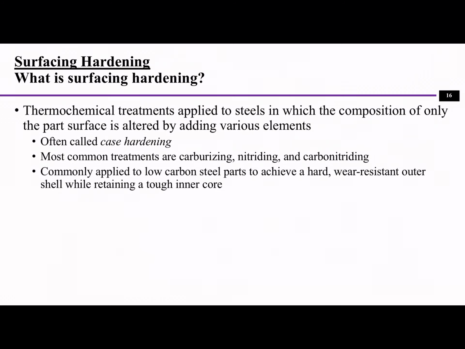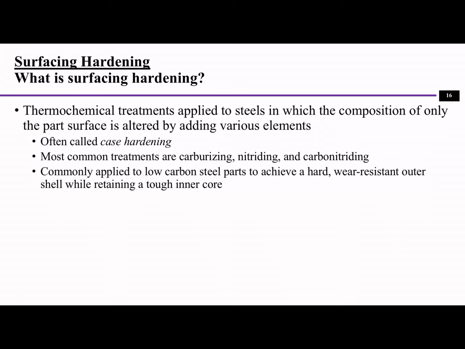Next one is surface hardening. So surface hardening means we are only treating the surface of the materials, and it is also a thermochemical treatment method. Because we are only treating the surface, it's often called case hardening.